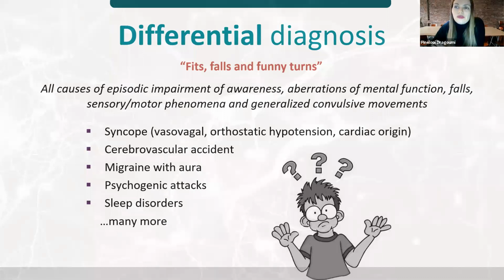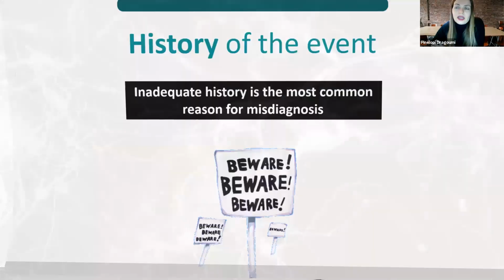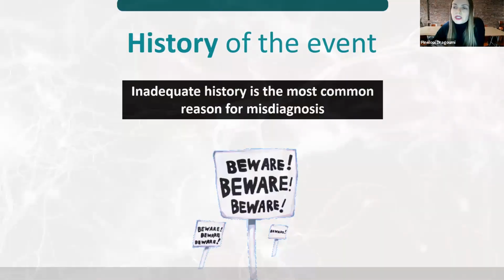We need to focus on taking the history from the eyewitnesses, and really think that inadequate history is the most common reason for misdiagnosis, and bear that in mind when we think that we don't have the time to ask all the questions.